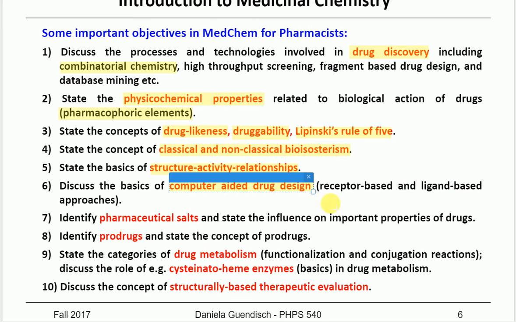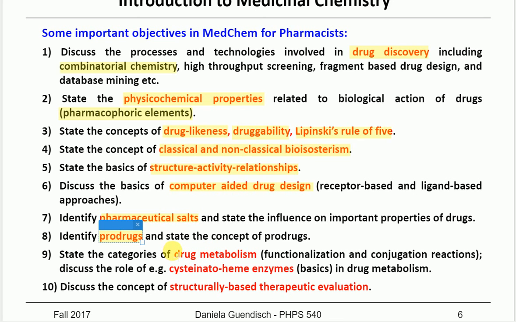Receptor-based and ligand-based approaches. Identify pharmaceutical salts and state the influence on important properties of drugs. Identify prodrugs and state the concept of prodrugs.